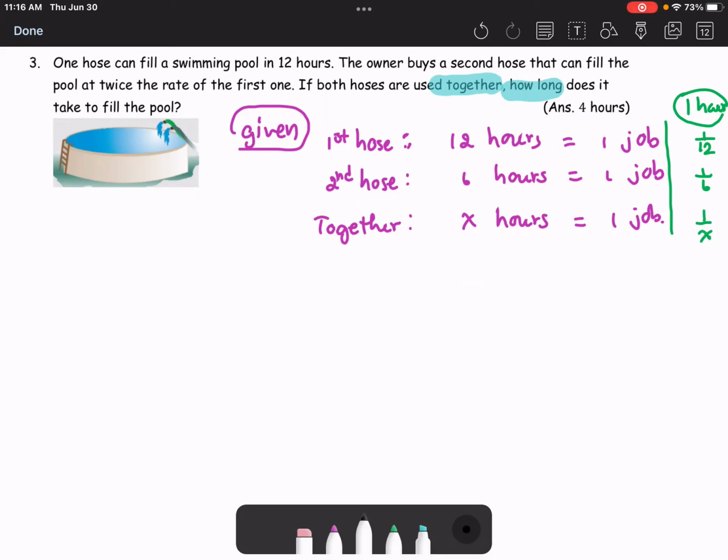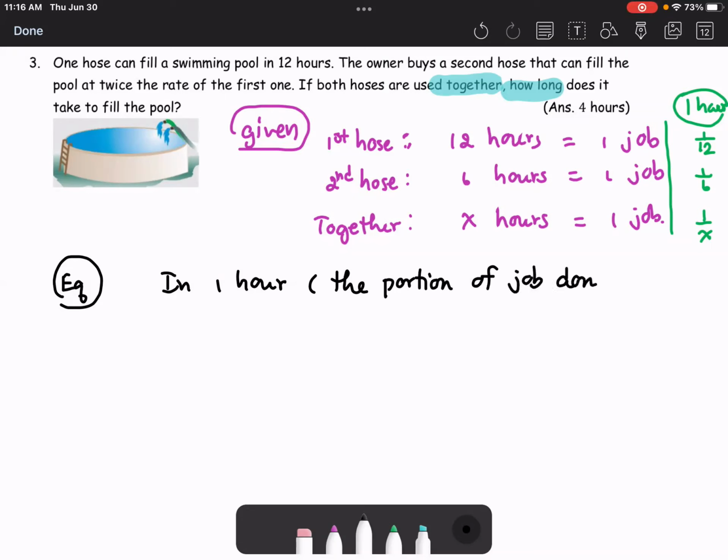Set up the rational equation for 1 hour. The portion of the job done by the first hose plus the second hose should be the same as working together.